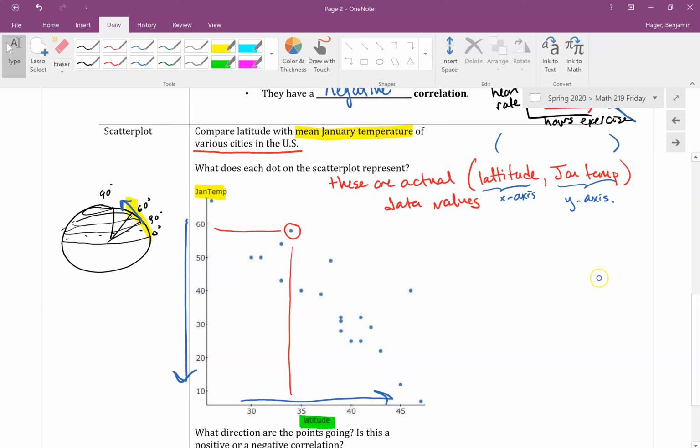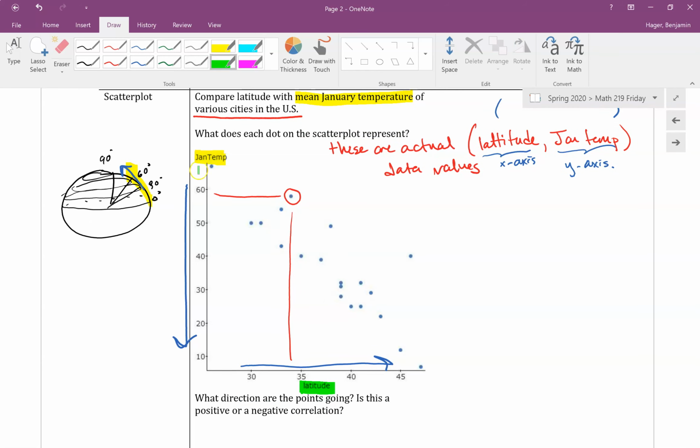Okay, so to me it looks like there is some sort of linear equation that could maybe be used to estimate the majority of this data. And notice some of the data is above that imaginary line, some of it's below. The line itself only goes through a couple data points. The process we're going to learn about later, finding the equation of this line, what it attempts to do is get a line that is as close to as many people as it can, or as close to everyone.